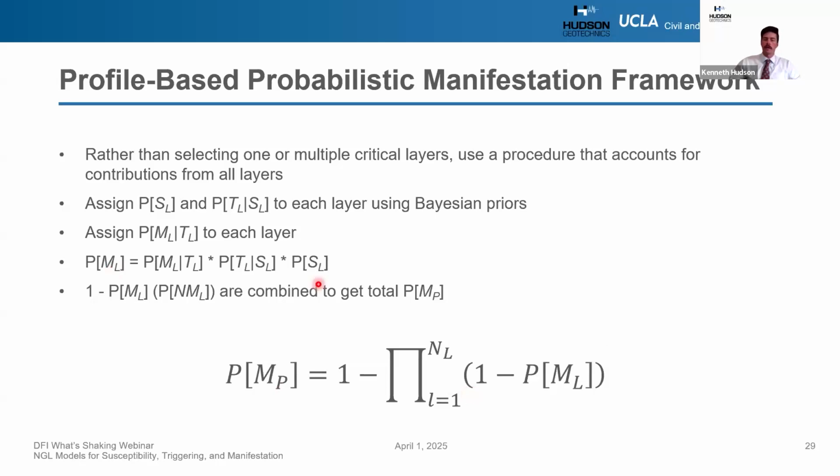And then we can do a product sum of the complements of those probabilities of manifestation, and that produces a probability of manifestation of the entire profile. So we go step by step through every single layer. What is its probability? Do a product sum of 1 minus that value, and then that gives us our final profile manifestation potential.